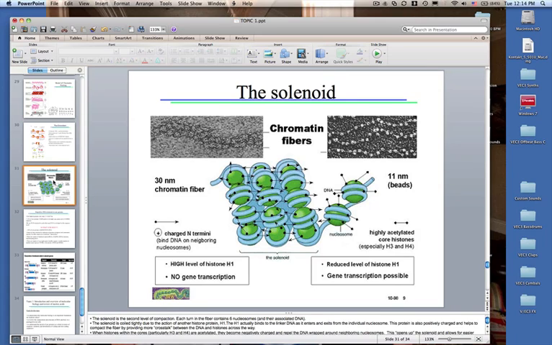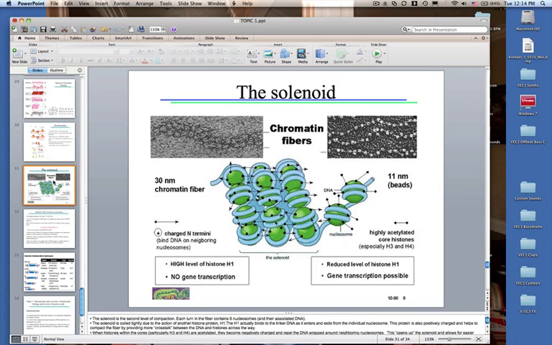Each of these nucleosomes has histones in it, and they are positively charged. Each of our histones is positively charged, and the nucleosomes in general are positively charged. So how do you get these solenoid coils, all that DNA wrapped up on each other, when it's all negatively charged?